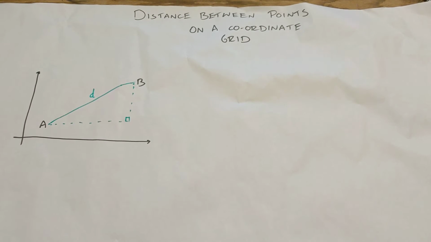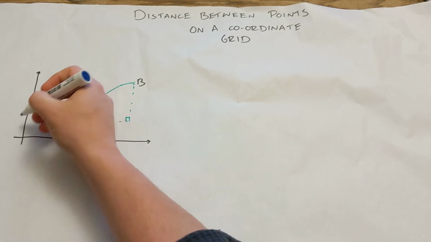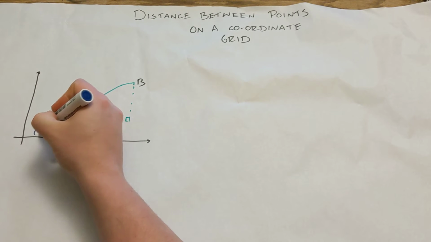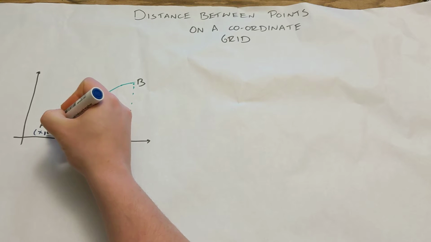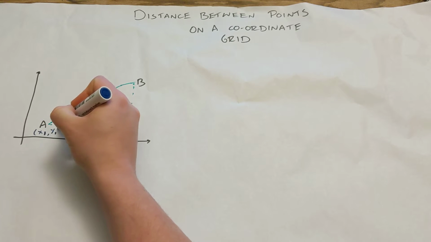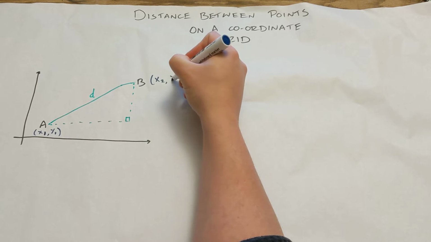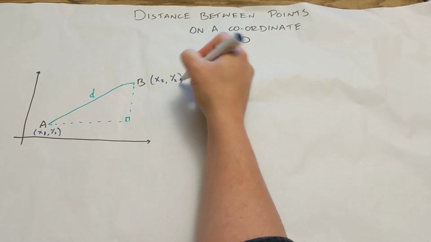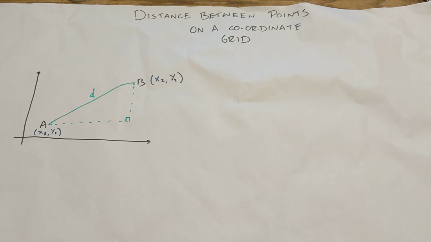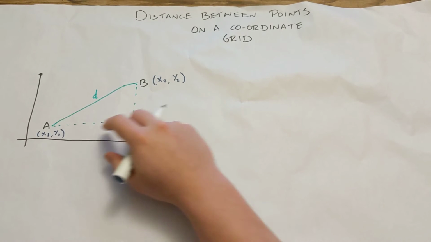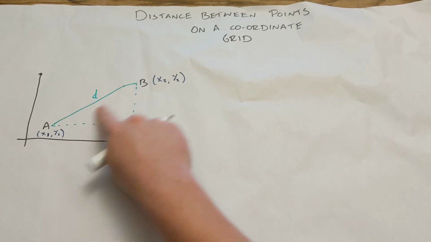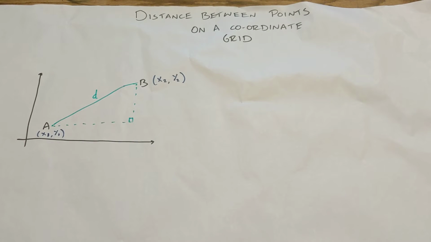And if this was a point here, it would have coordinates x1, y1, and up here, this would have the coordinates x2, y2. Okay? So we could use Pythagoras to find the length of this side, okay?